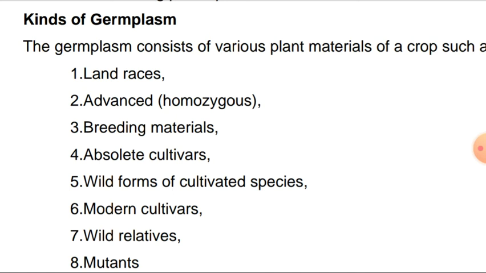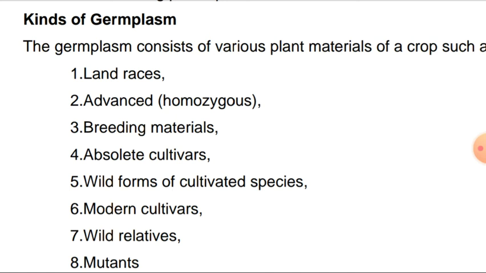Sometimes, with the help of biotechnology, transgenic plants or mutant lines are also developed. These lines are not ready for release to the farmers. They can be used only for combination or crossing purposes.